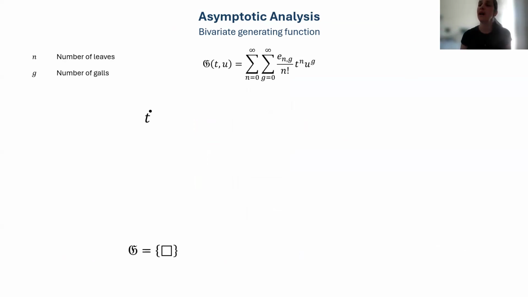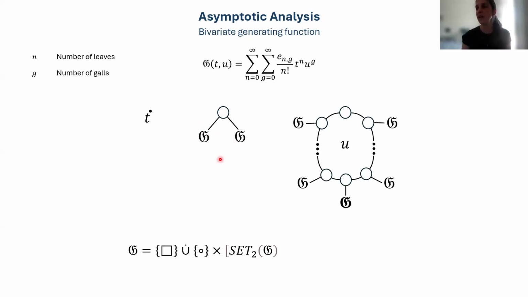A time-consistent gold tree can either be a leaf, or we can have a root with two main subtrees, which are themselves time-consistent gold trees, or we can have what we call a root gold, which is a gold that involves the root. And then we have the reticulation node, from which also comes a time-consistent gold tree.